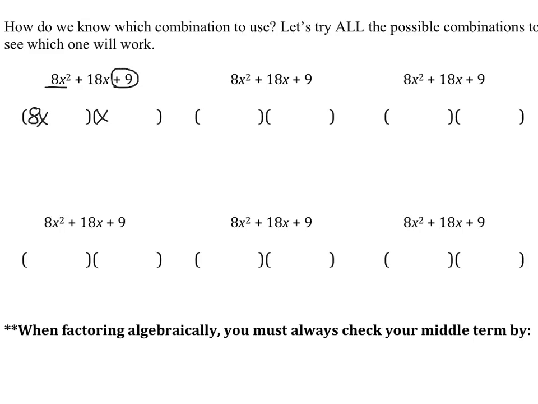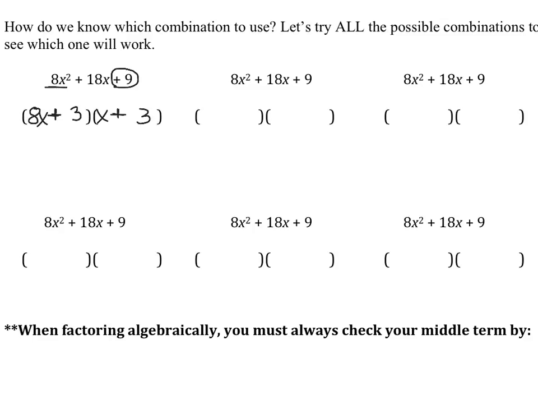One way to break up the 9 is to do 3 times 3, right? So right now we know if we multiply the first terms, 8x times x, we get 8x squared, and 3 times 3 is going to give us 9. It's all plus signs in here. So this is a possibility. That's one possibility.